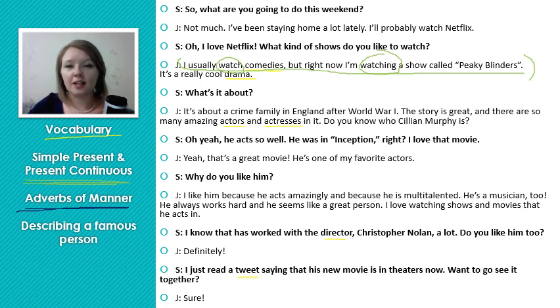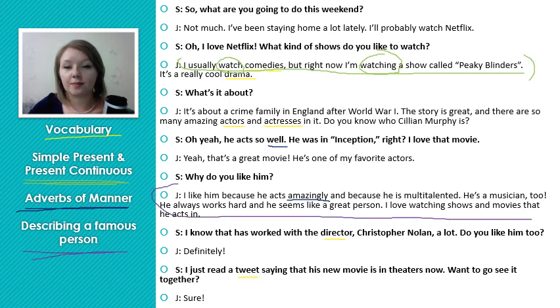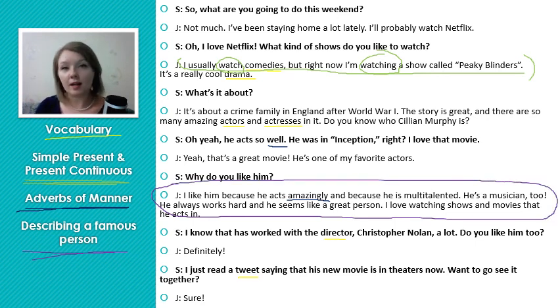We see terms like, he acts so well, and he acts amazingly. Finally, we see how to describe a famous person in this paragraph. So in this conversation, we can see the many ways that what we've learned in this unit can be used in English conversation.